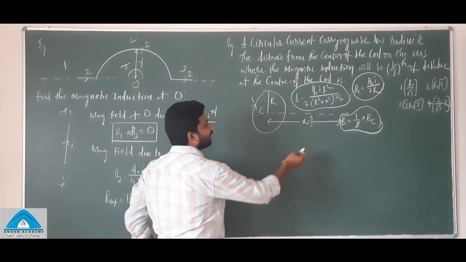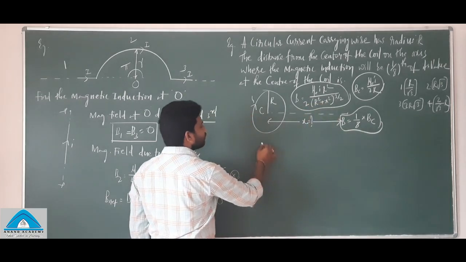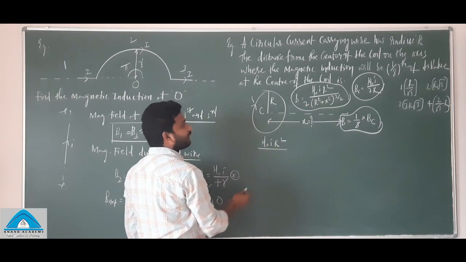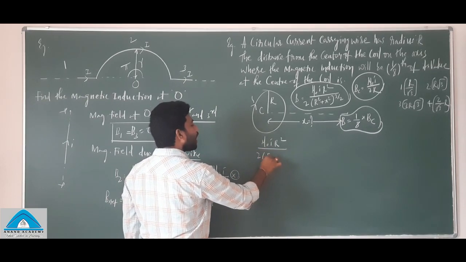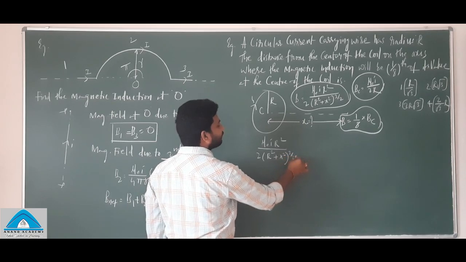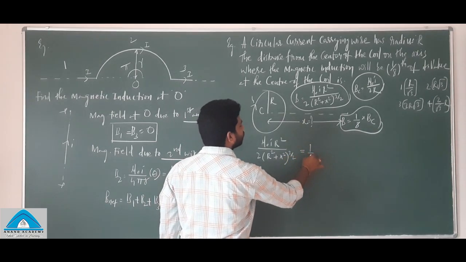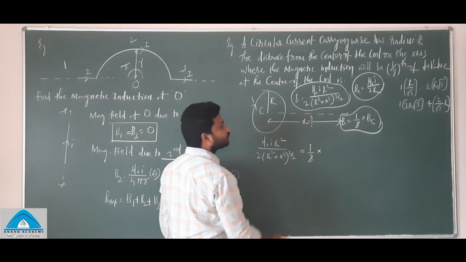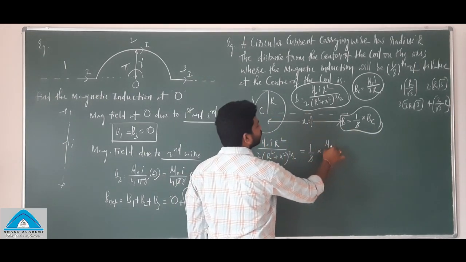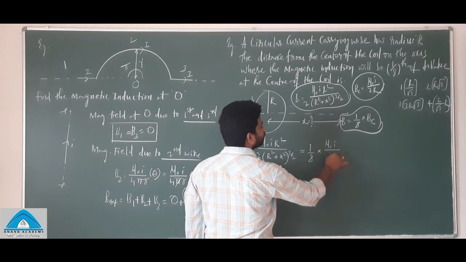According to the given value, what is B here? Mu naught I r square divided by 2 into r square plus x square whole to the power 3 by 2, which is equal to 1 by 8 into magnetic field at the center of the circular coil, mu naught I by 2r.